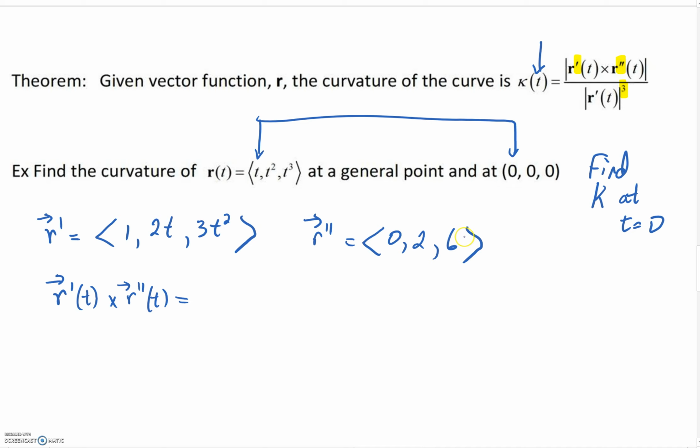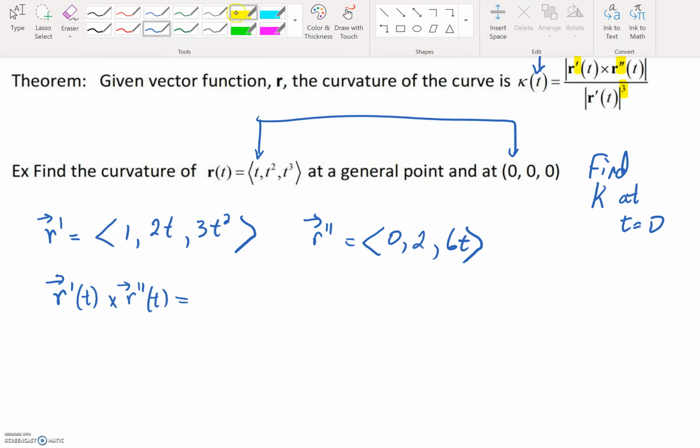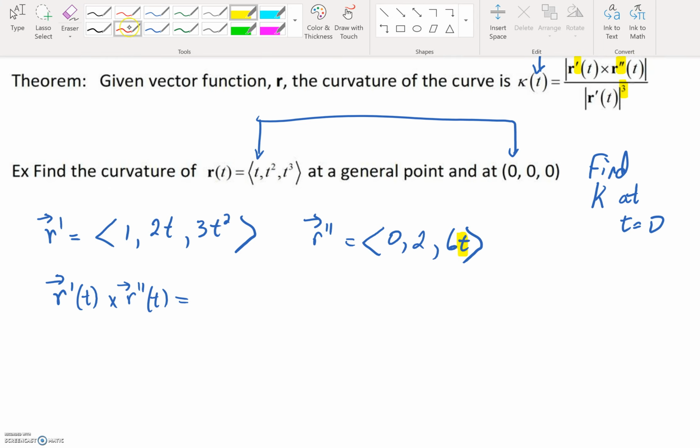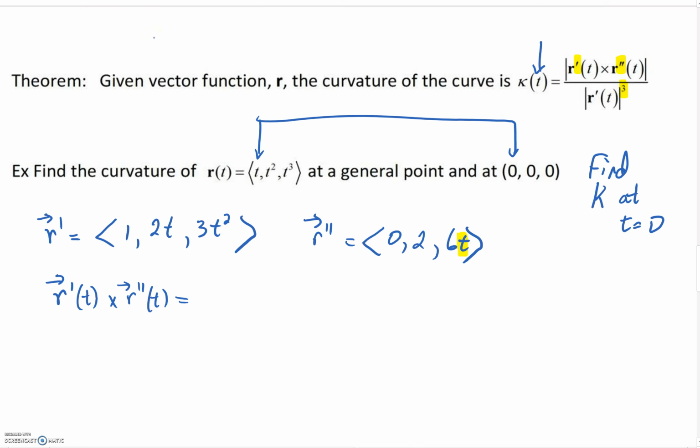Forgive me, my last derivative, actually, I just noticed, would be a 6t, not a 6 for r double prime. In my haste here, I just wrote a 6, so please fix that. But as we go ahead and do our cross product, I did that off to the side here. Actually, I worked it out by hand.